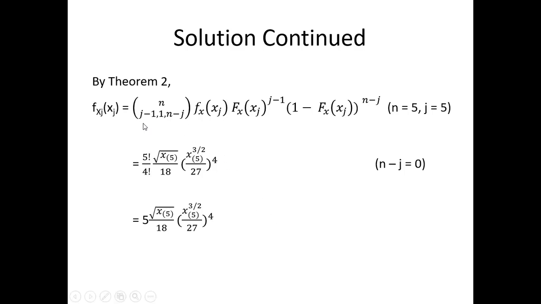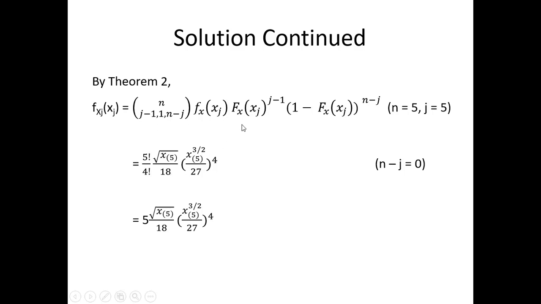So now we can use our theorem, Theorem 2. So I get my combinatorial term. Well, the n we know is 5, so I get 5 factorial over j is 5, so that's going to be 4 factorial, and the n minus j term, you can see I left that term out, that's going to be 5 minus 5, so that term just drops out. I have fx of x5, so that's going to be the square root of x5 over 18.